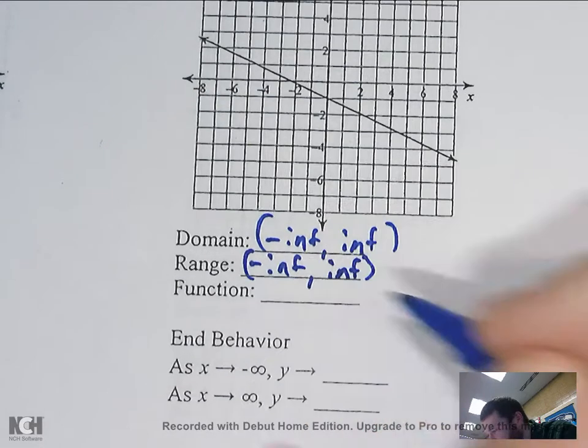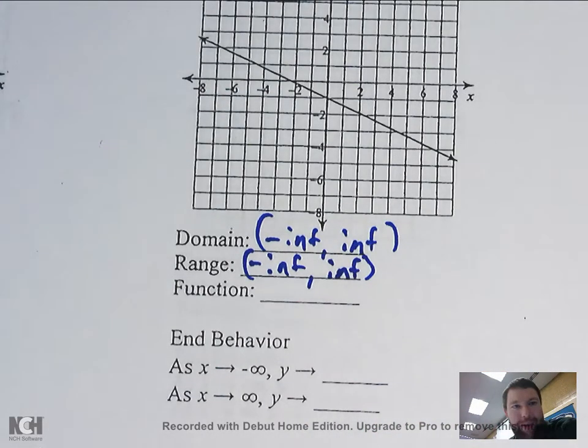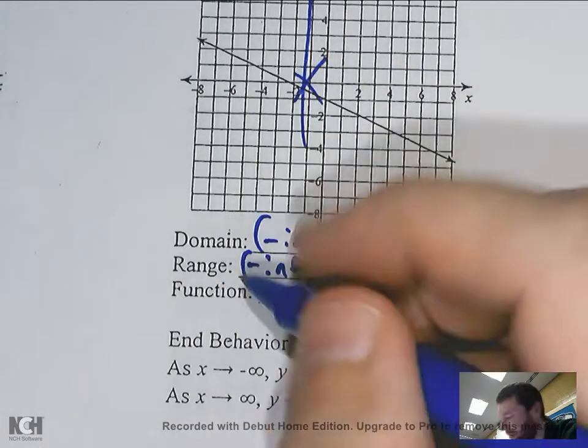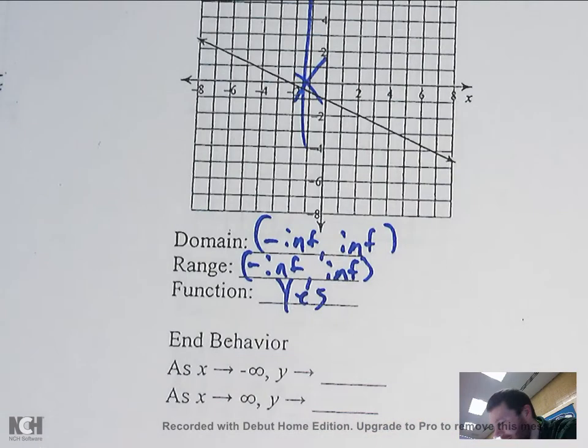Notice there's lots of infinities, so if you're ever not sure on something, you could probably guess infinity and probably get at least half of it right. Just saying. Okay, and then is it a function or not? If I draw a vertical line, it only hits it once. So, yes, it is a function.